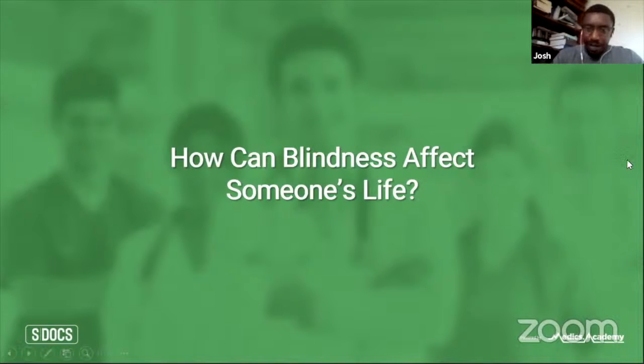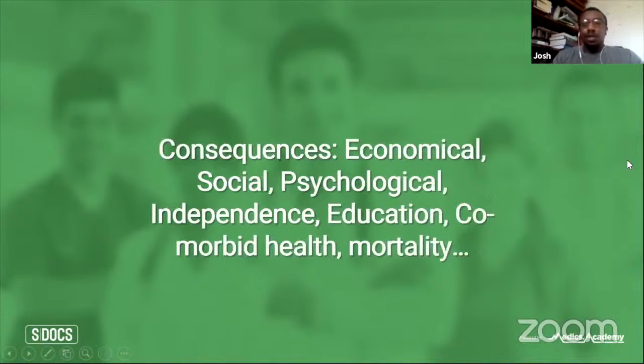In answer to this question, these are some of the consequences that I've thought of or that are common in literature on this subject. And there's so many, you can see it's really, really widespread in the devastation that being blind or heavily visually impaired can cause. Economical consequences, social consequences, psychological or psychiatric consequences. They may have lost their independence with the activities of daily living.